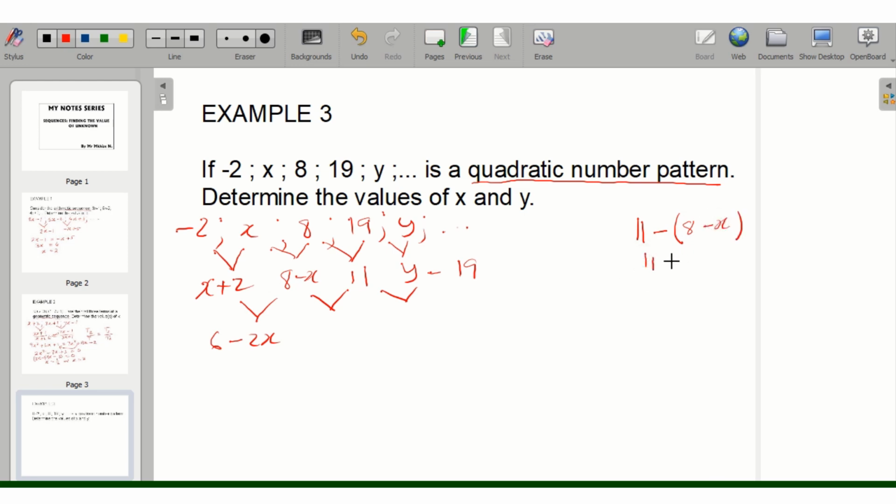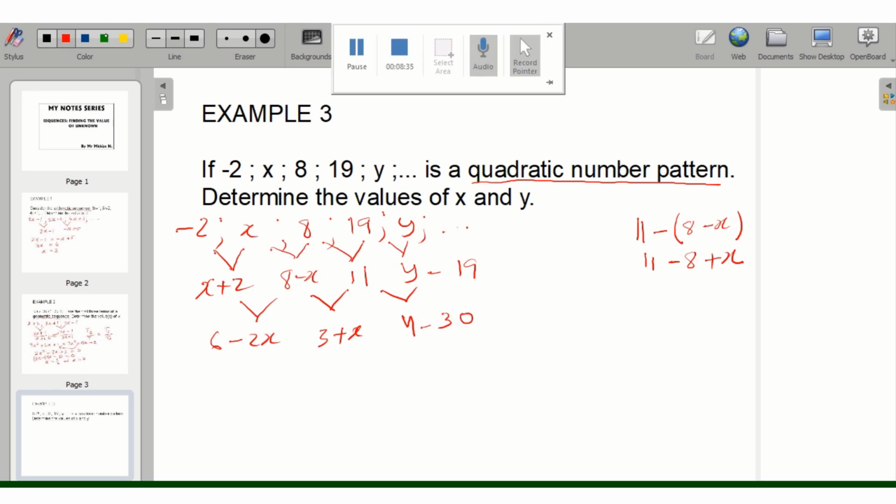So this is 11 minus 8 plus x. So as you can see, that will work out to be 3 plus x. So 3 plus x, and then you have y minus 19 minus 11, and you'll end up with y minus 30.